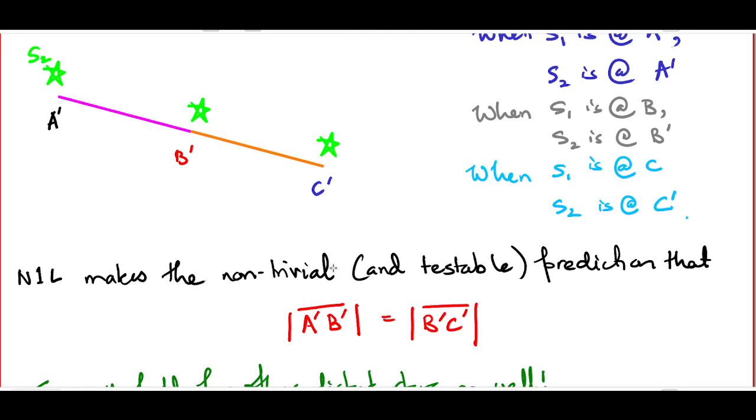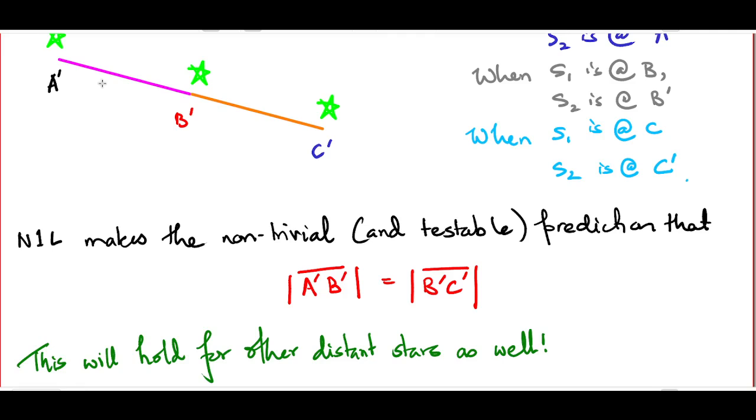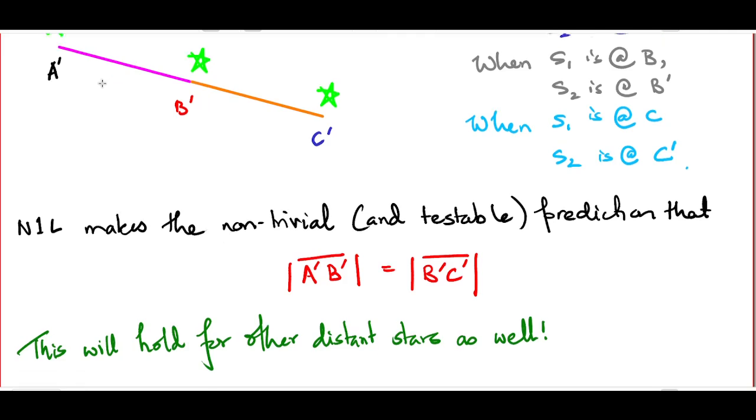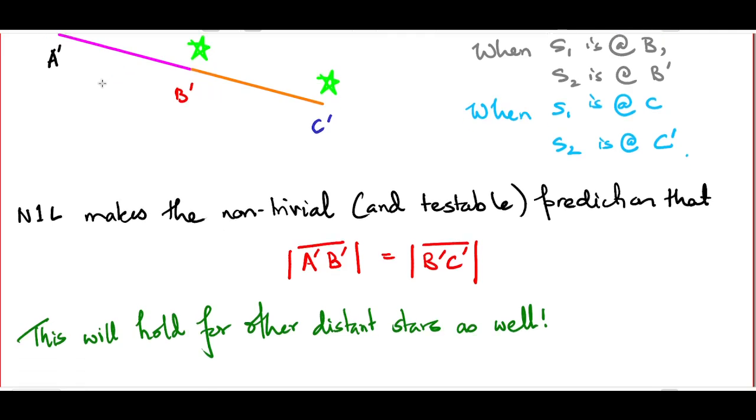Not only is AB equal to BC, which of course was by design, A prime B prime also has to be equal to B prime C prime. And this is something which does not follow from the definition at all. And not only will this hold for the distant star S2, it will hold for all other distant stars as well.